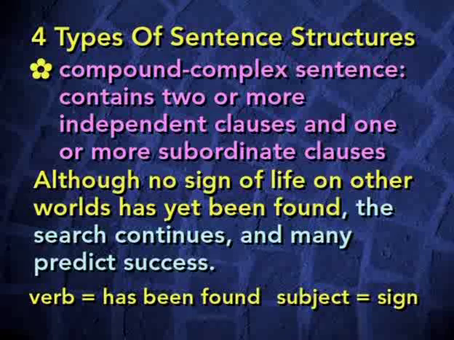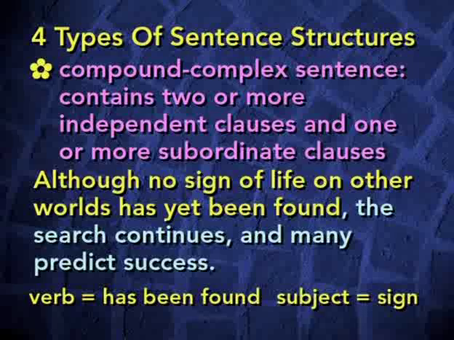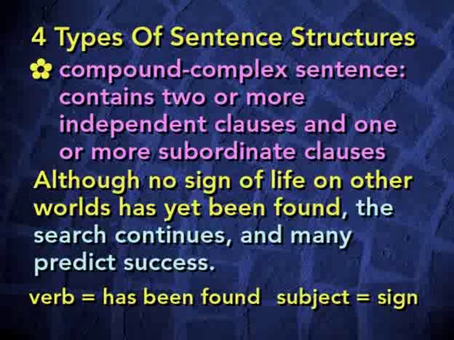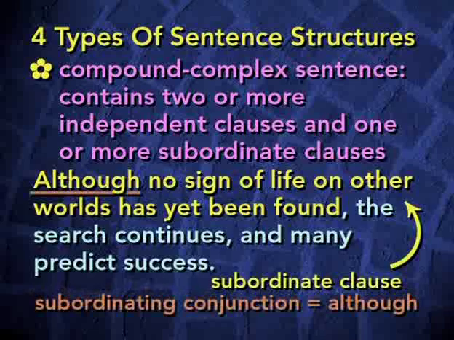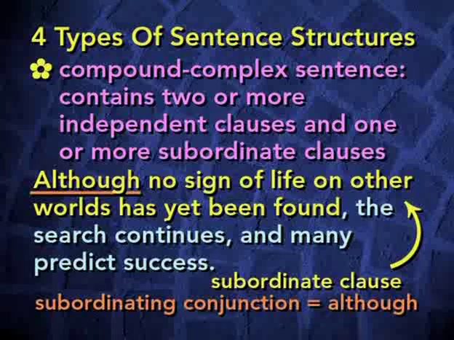We can't tell what is supposed to happen as a result of the fact that no sign of life on other worlds has yet been found. We feel as though we're left hanging. Therefore, this clause doesn't express a complete thought, so it's a subordinate clause. The telltale sign, of course, is that it begins with a subordinating conjunction, although.